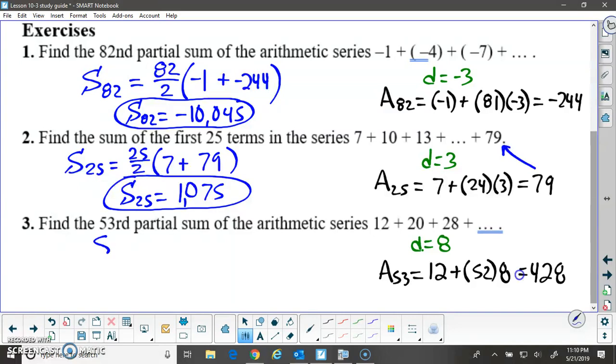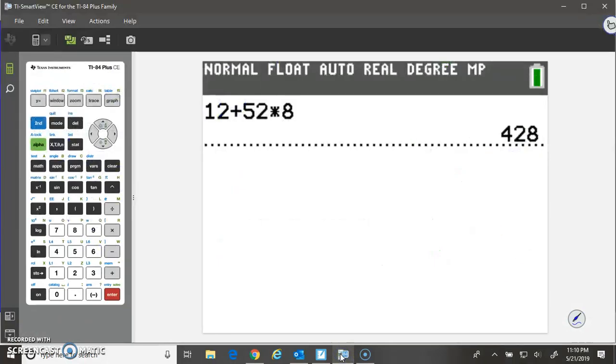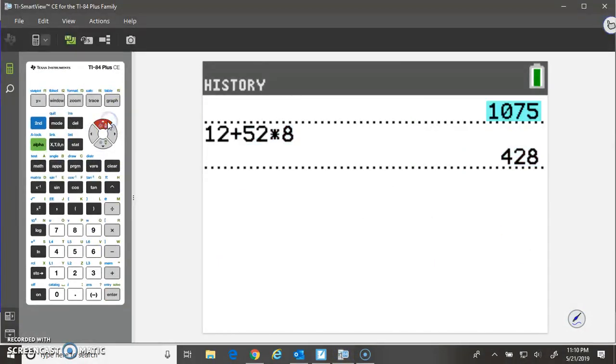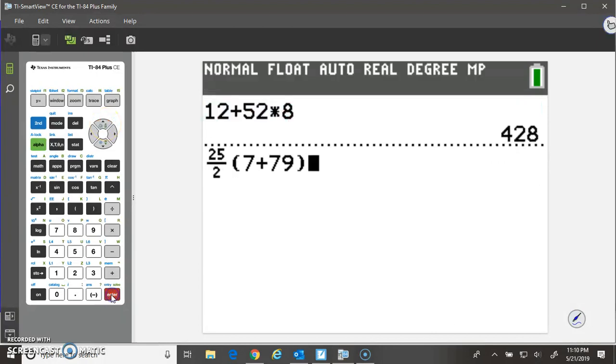And so now the sum of the first 53 terms would be 53 divided by 2. First term is 12, and your 53rd term is 428. Let's go up here and grab this a little bit faster maybe.